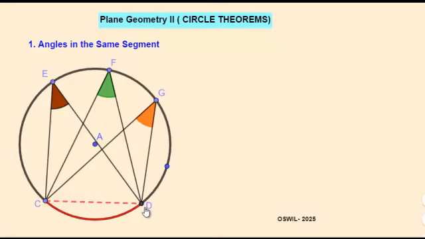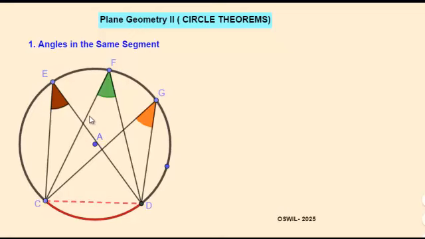Line CD is the chord, and that chord divides the circle into two segments. We have the small area, which is the minor segment, and the bigger area above the chord, which is the major segment.